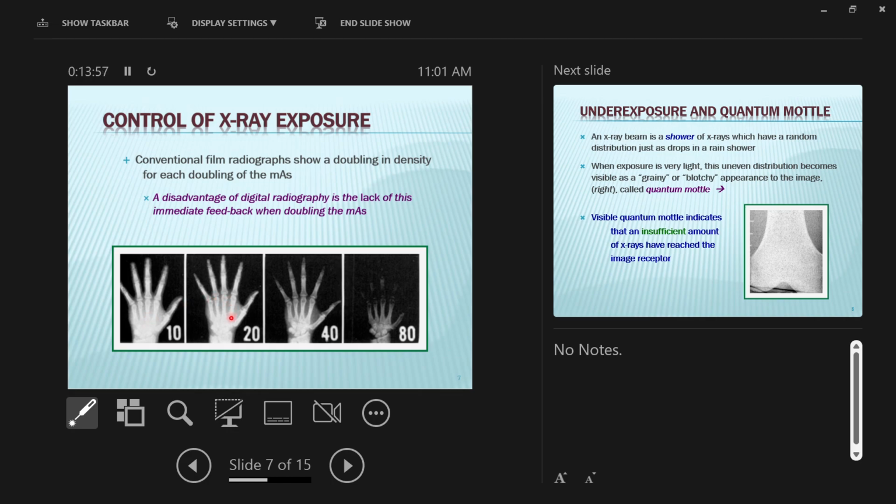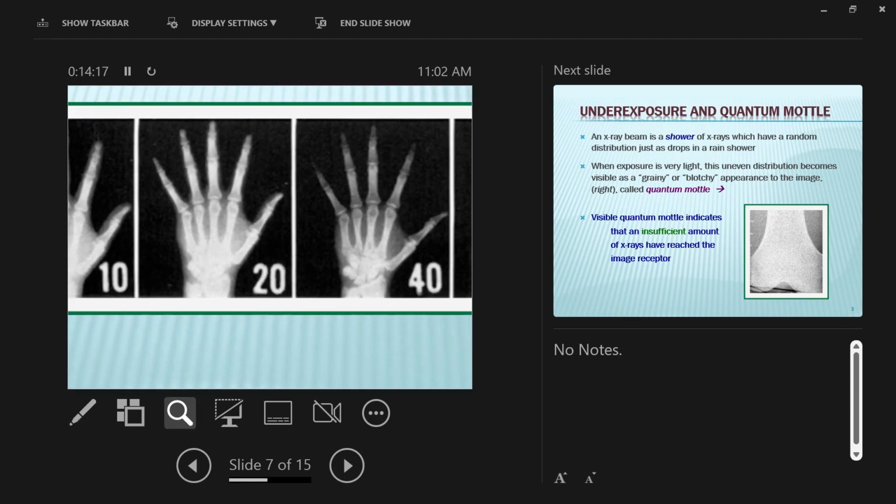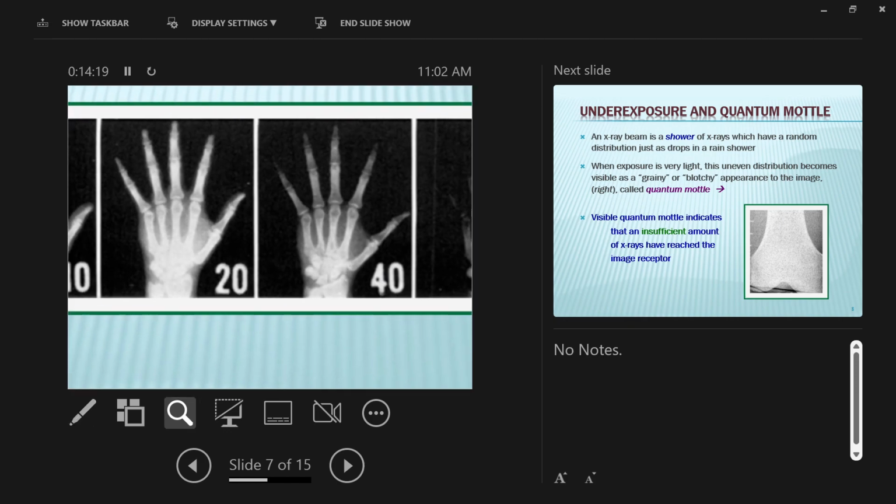As you double the mAs, notice the image gets a little bit darker, a little bit more dense. Brightness goes down. Double the mAs again, the image is darker, more radiographically dense, even less bright. If you zoom in from 20 mAs to 40 mAs, I get more detail. I can see more of the carpal bones here.